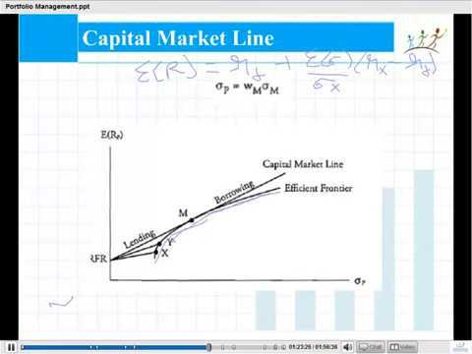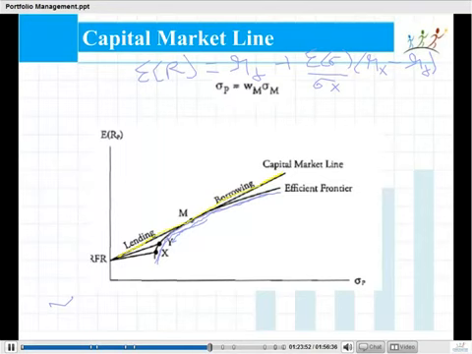The purple line is the original efficient frontier, or is it the yellow line? The yellow line is the new capital allocation line passing through M. Is the efficient frontier now the yellow line or the purple line?